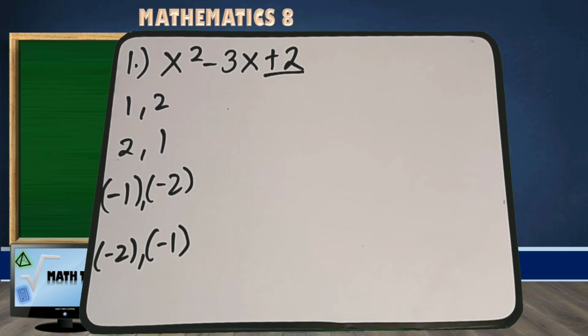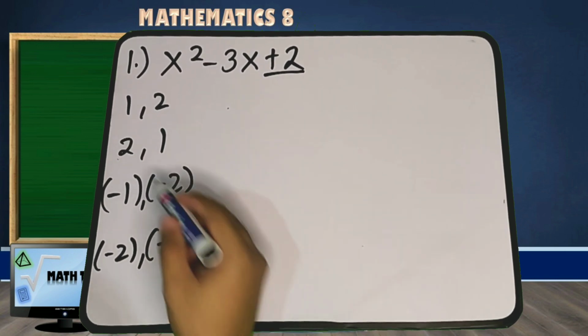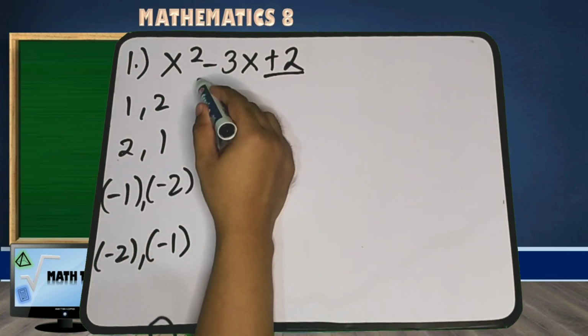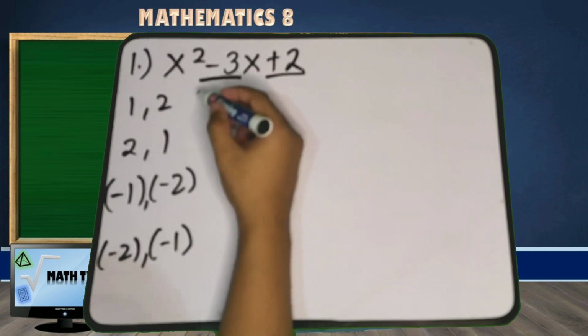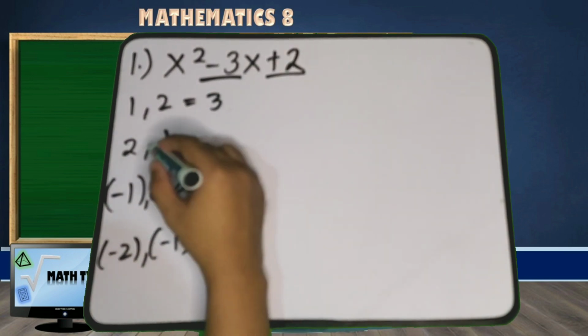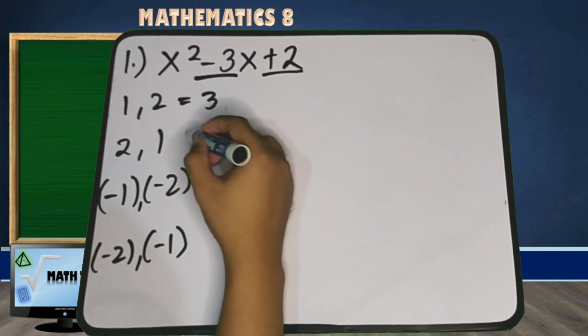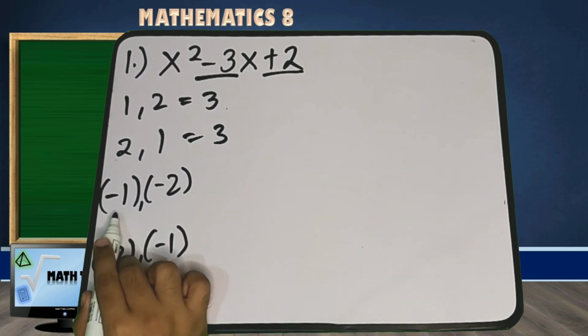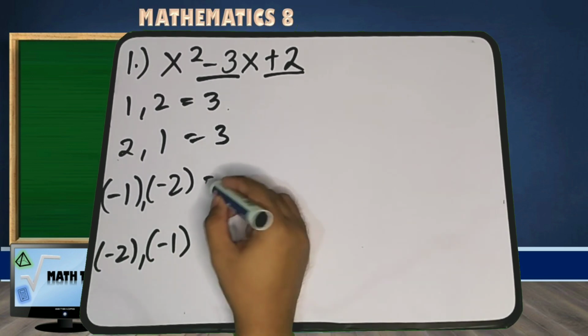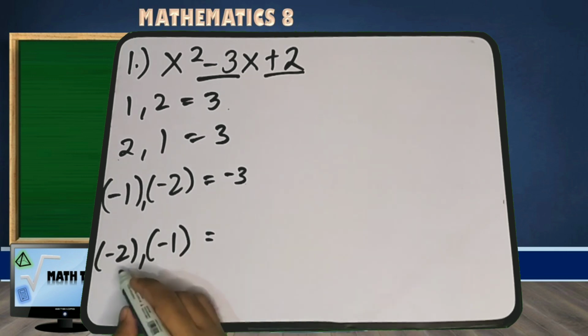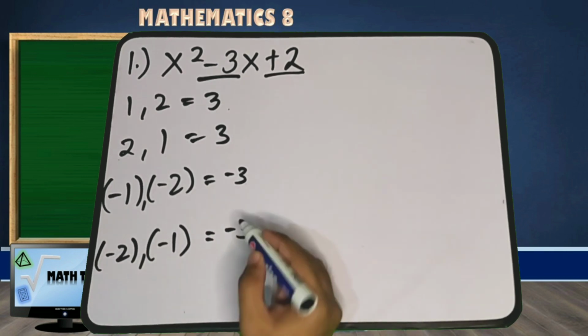Among these factors, we identify which pair, when added, gives negative 3. 1 plus 2 is equal to 3. 2 plus 1 is equal to 3. Negative 1 plus negative 2 is negative 3. Negative 2 plus negative 1 is negative 3.